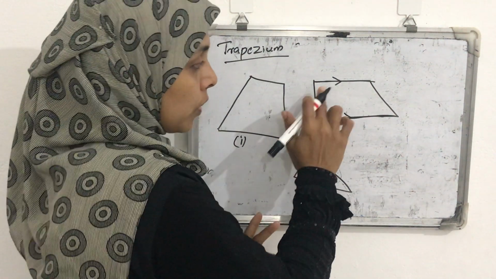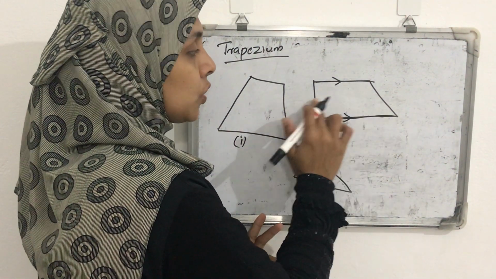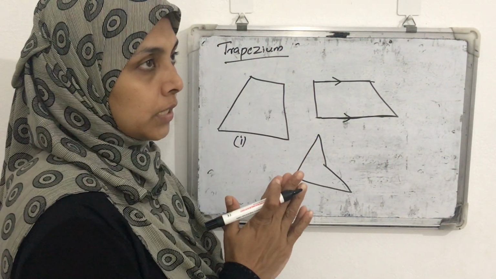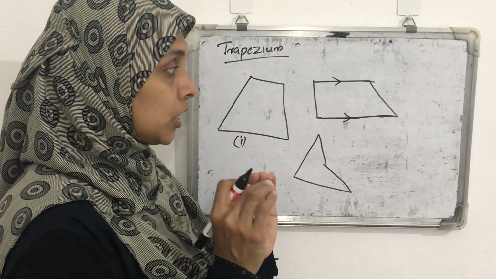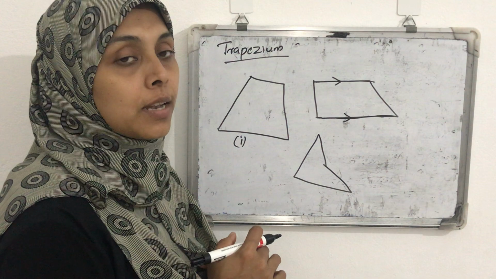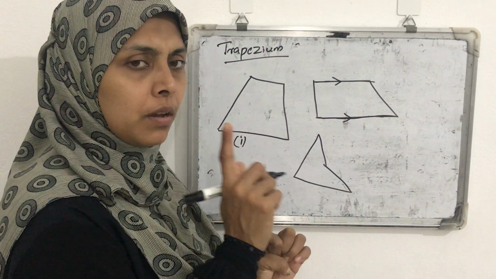These two sides are parallel, and what about this? It is not parallel. So if any quadrilateral has at least one pair of parallel sides, such quadrilaterals are called trapezium. It should be any one pair.